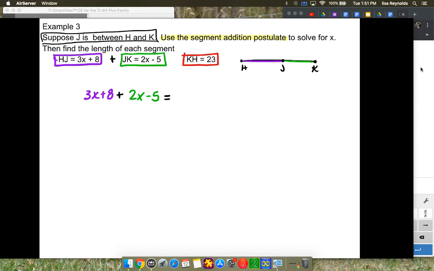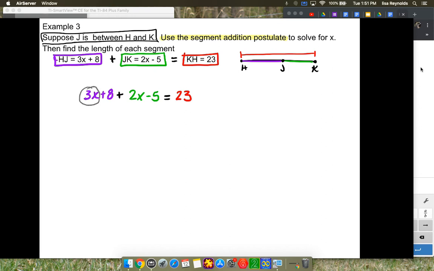And remember, whether you're going from K to H or H to K, this is the same segment. So this is our whole thing of 23. So we add the parts in order to set it equal to the whole thing. So we calculate, combine our like terms.